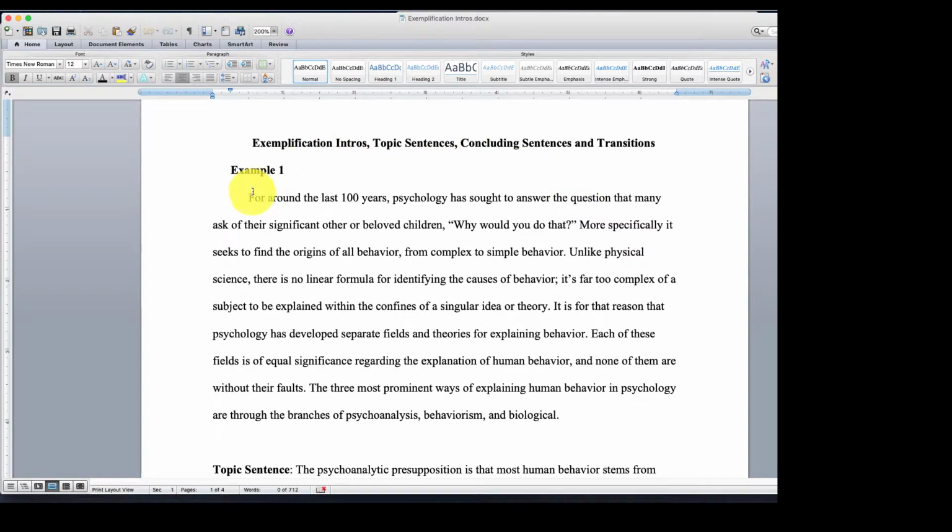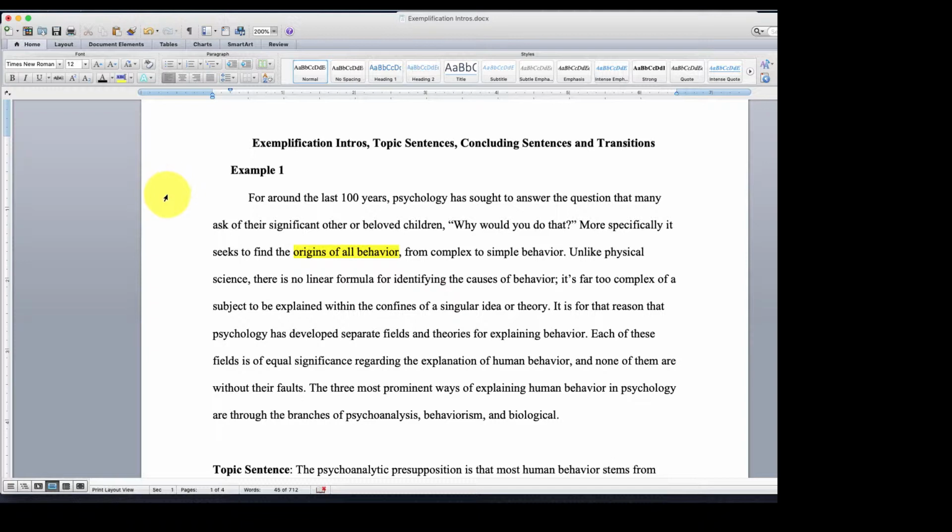For around the last 100 years, psychology has sought to answer the question that many ask of their significant other or beloved children. Why would you do that? More specifically, it seeks to find the origins of all behavior, from complex to simple behavior. Unlike physical science, there is no linear formula for identifying the causes of behavior. It's far too complex of a subject to be explained within the confines of a singular idea or theory.